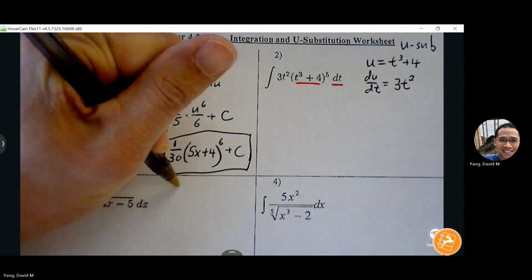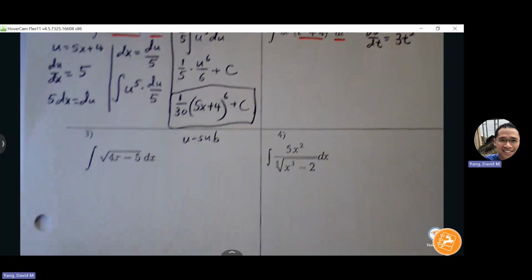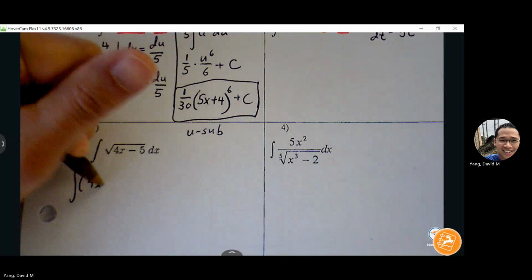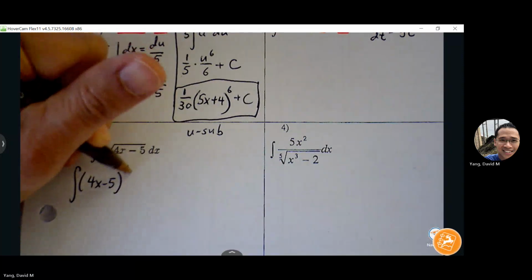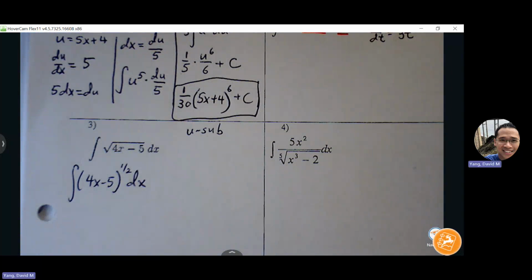So how can I rewrite it so that I can see a set of parentheses? What's the u value?